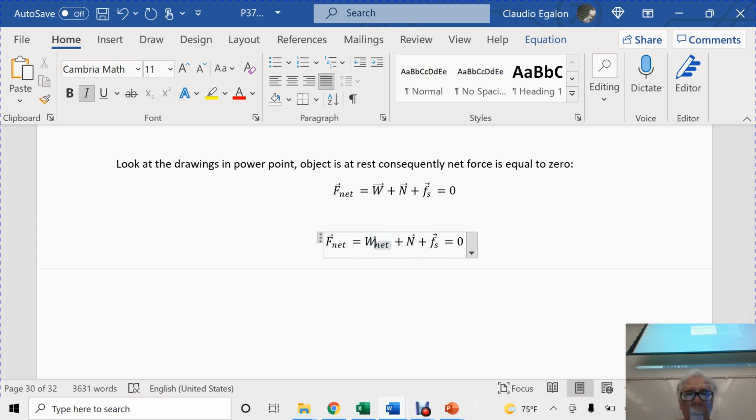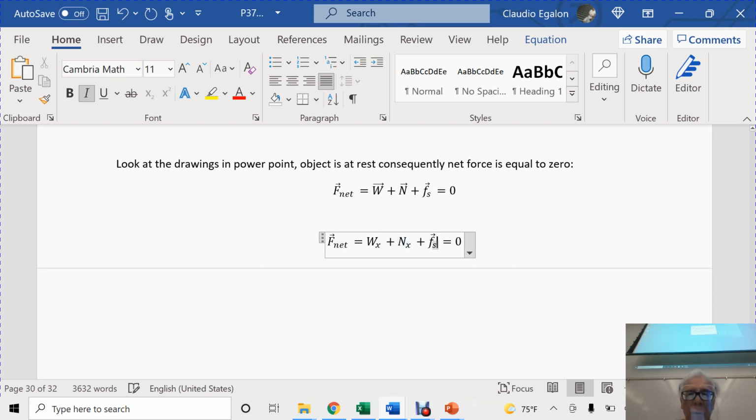W, x, and now I don't need the arrow at the top anymore because I'm dealing with scalars.